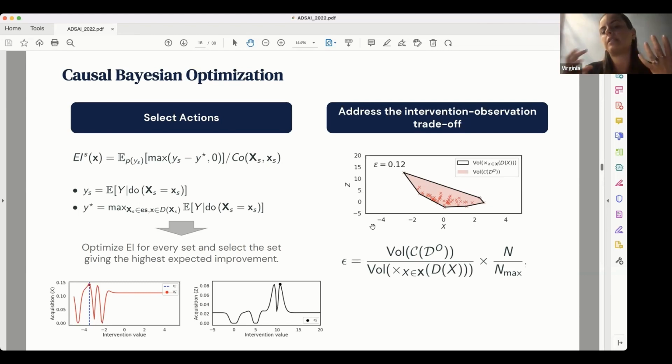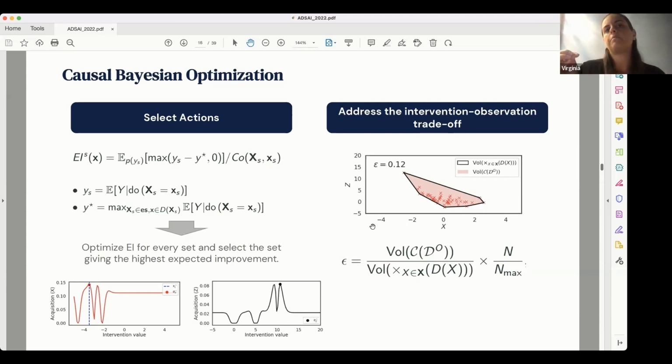So if you're interested in learning about an intervention around, let's say, 0, 0, you see that that part of the input space is pretty much covered by the observational data. So that means that you can get a pretty good estimation of what the causal effect looks like in that specific intervention value.